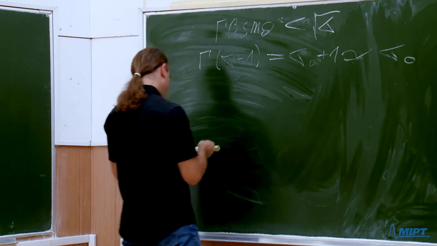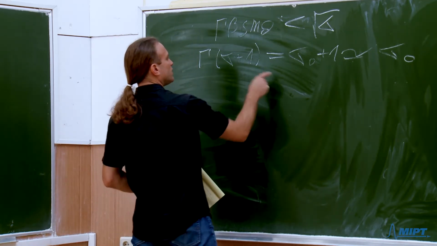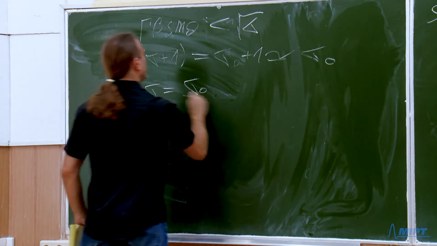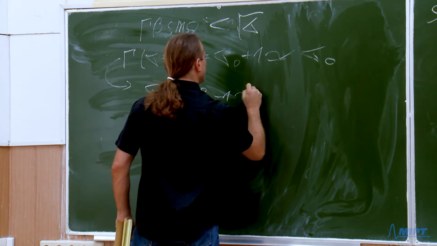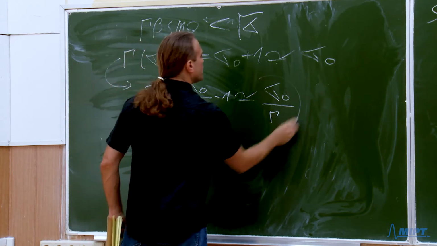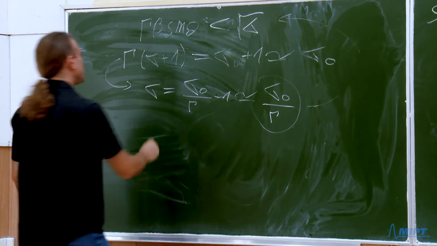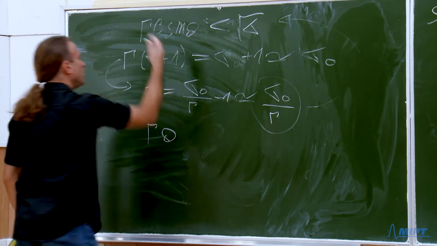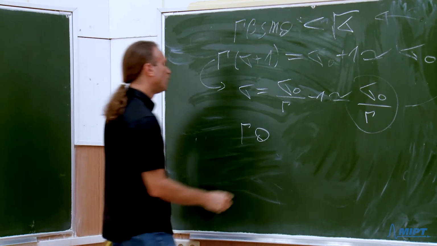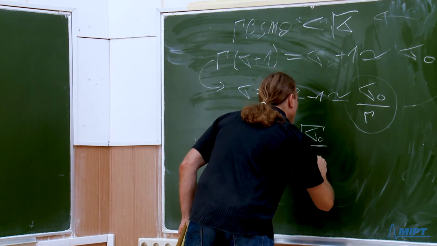Now I can extract gamma from these two equations. So sigma is equal to sigma 0 divided by gamma minus 1, which is roughly sigma 0 divided by gamma. Now I take this quantity and put it here, and what I get is that gamma theta, since I'm already moving to high Lorentz factor and small angle, I already did this approximation, is smaller than the square root of sigma 0 divided by gamma.